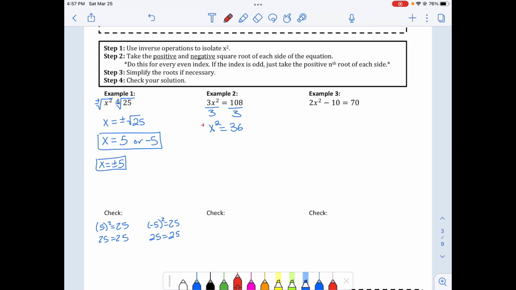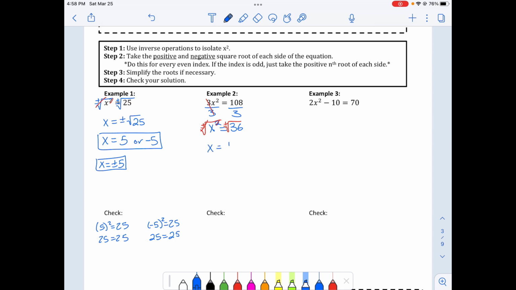We're going to be taking the positive and negative square root of both sides. And again, the reason for that is to cancel out this squared, right? So before, when we divide by 3, we're canceling out our coefficient of 3, and now we want to cancel out the squared. So you may even want to draw that in to remind you of what you're doing.